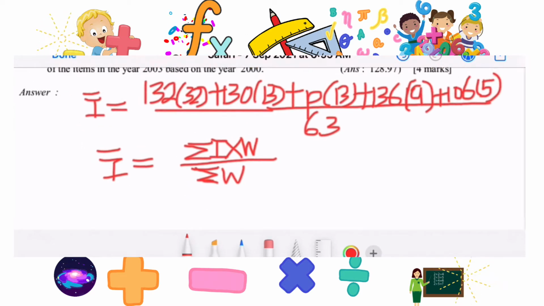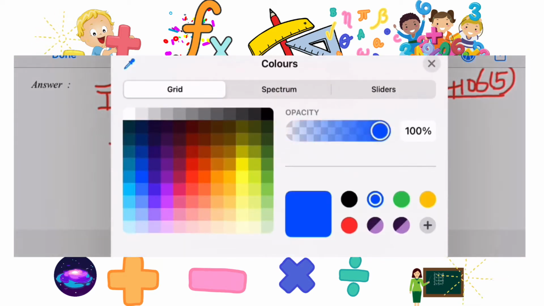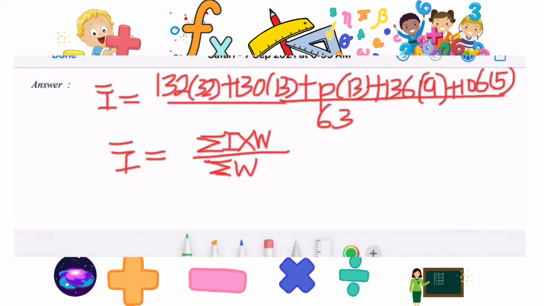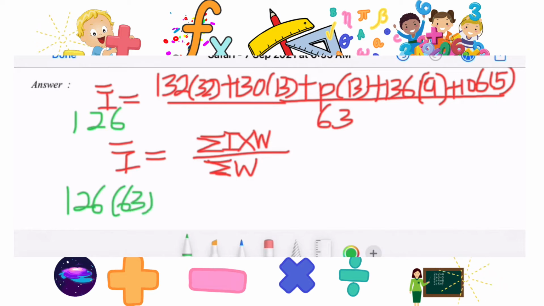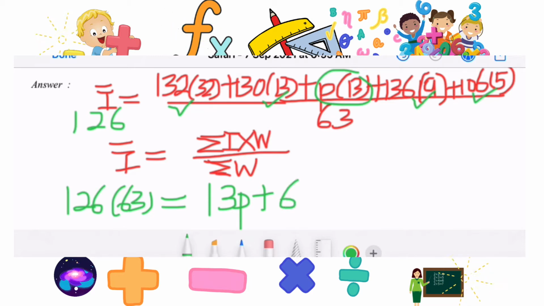So we simplify the information given, which is 126. We take 126 multiplied by 63. It should be equal to 13P plus the rest. You can use a calculator to multiply one by one, and you will get 6480.